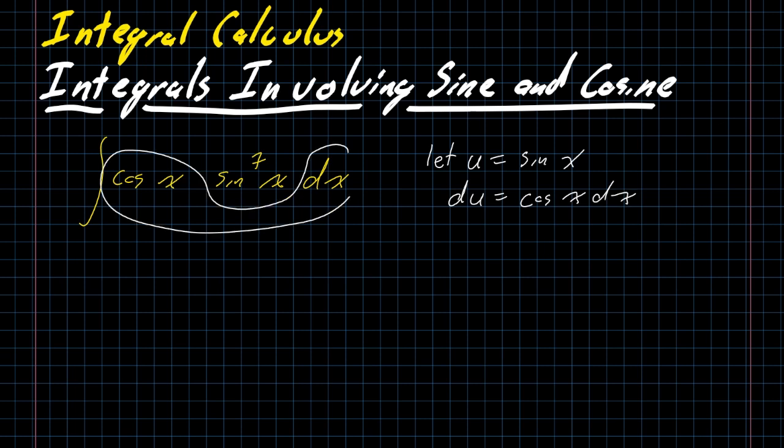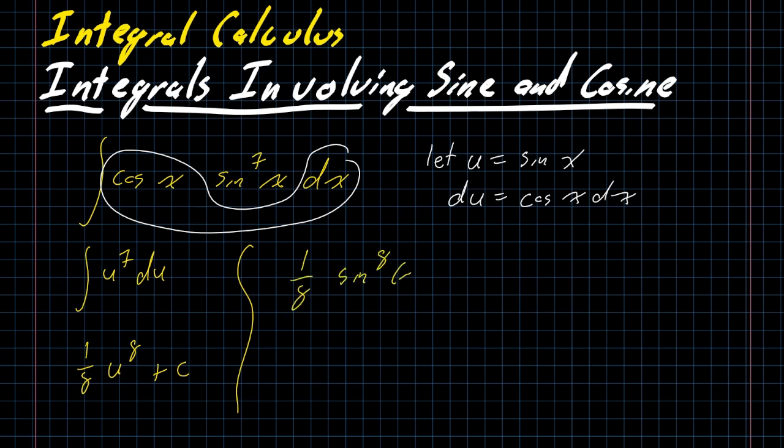And hey, there's cosine of x dx right there. This integral simply becomes the integral of u to the 7th du. The integral there will be 1/8 u to the 8th plus our constant of integration, and then substituting back in, this is going to be 1/8 times sine to the 8th power of x plus arbitrary constant of integration.